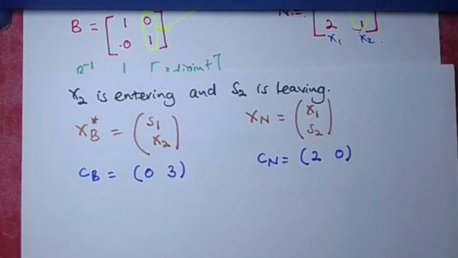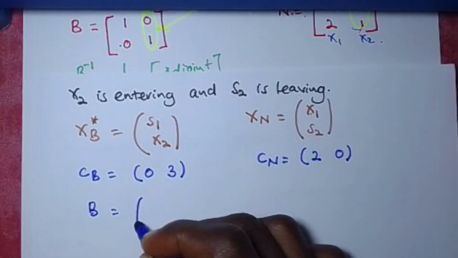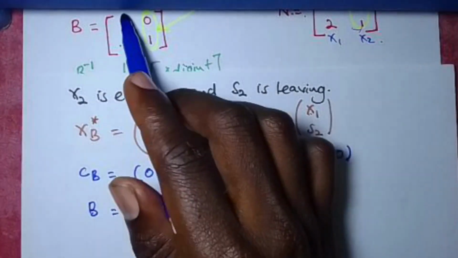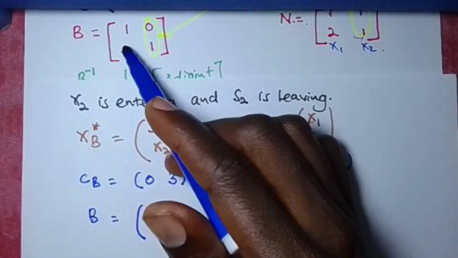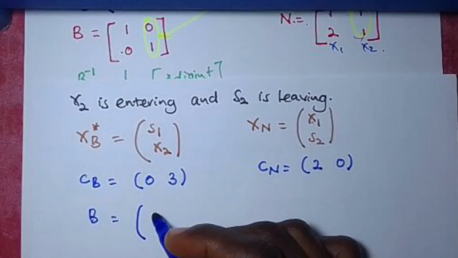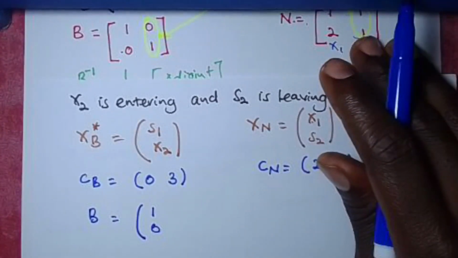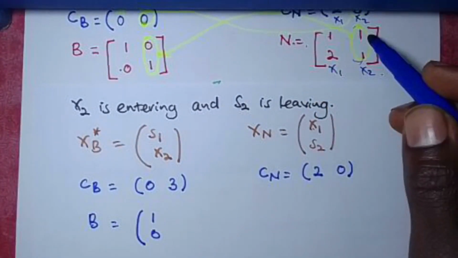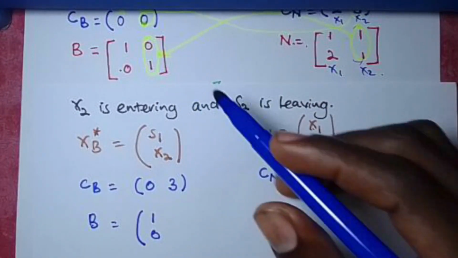Then similarly, let's do the same thing for the basic set B. So for the basic set B, it's going to have the following values. This one here is going to remain the same because it is unchanged. It will be remaining 1, 0. So we shall have here a 1, a 0. Now when it comes to this other opposite end, we are going to pick what was here and substitute it there.